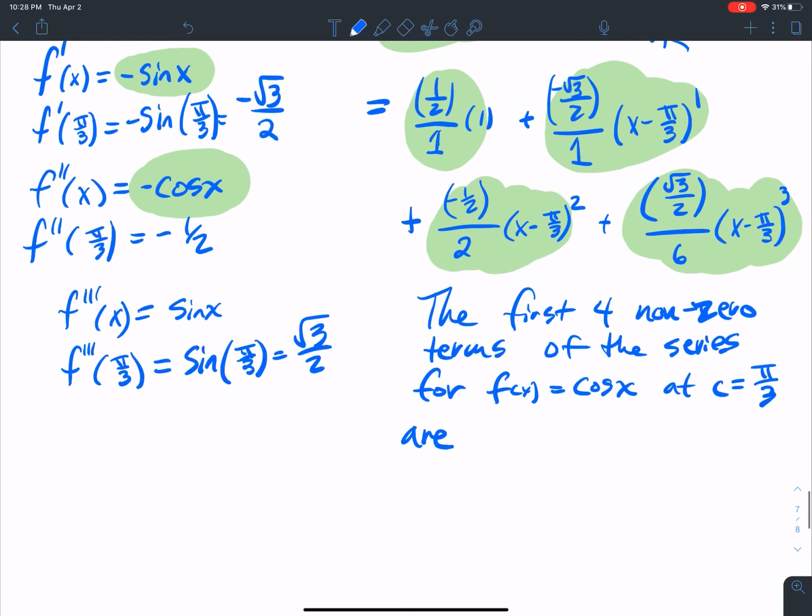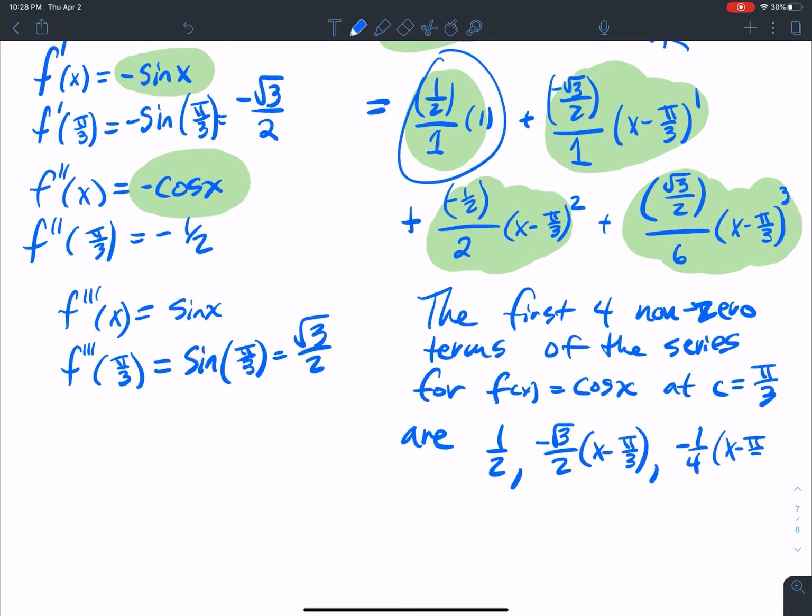Well, the first one is a half. The second one is negative square root 3 over 2 times x minus pi over 3. The third one is negative 1/4 times x minus pi over 3 squared. And the last one is square root 3 over 12 times x minus pi over 3 cubed.